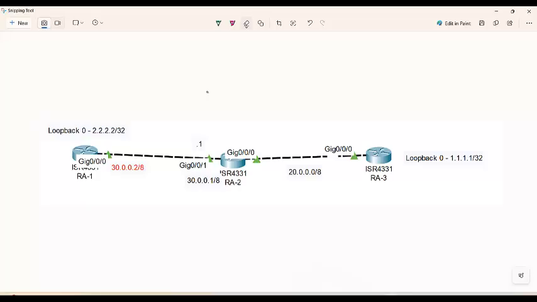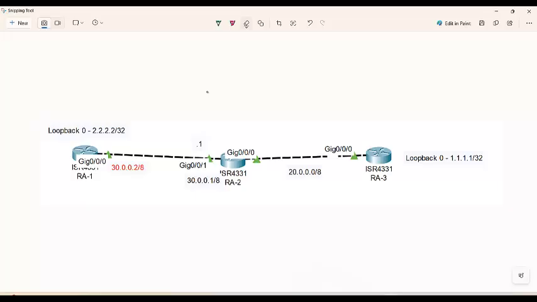In a large environment, dynamic routing protocol is good. In a small environment, you can write static routes so that you can avoid the CPU usage that the routing protocol will consume.